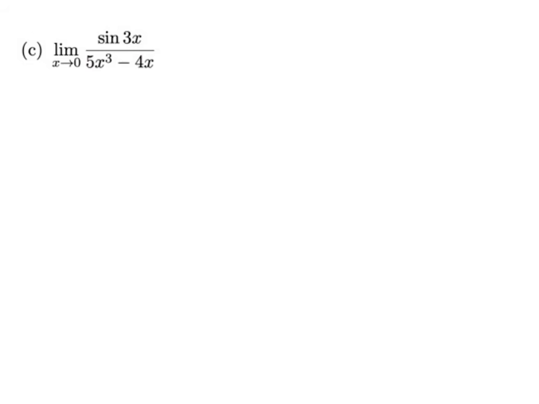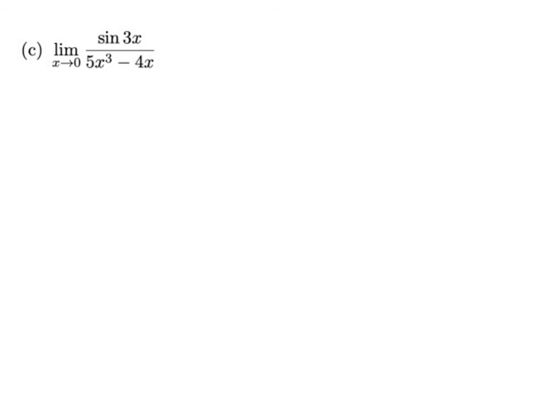All right, let's look at another one. This one says the limit as x approaches 0 of sine of 3x over 5x cubed minus 4x. So another red herring, that polynomial in the denominator is not really that bad. Notice in the denominator, both terms have an x, and we can factor that x out.